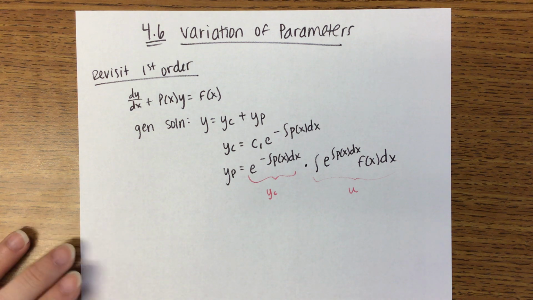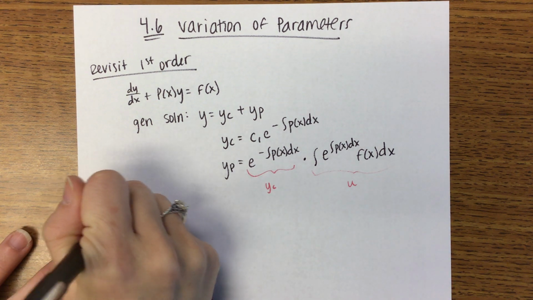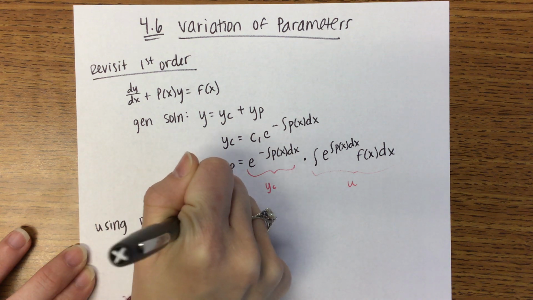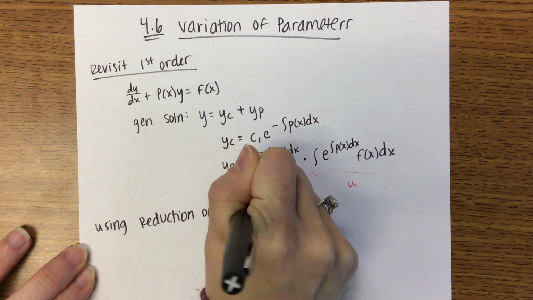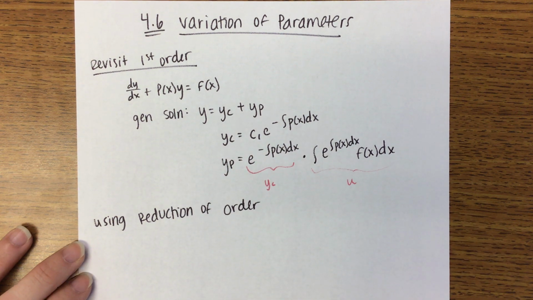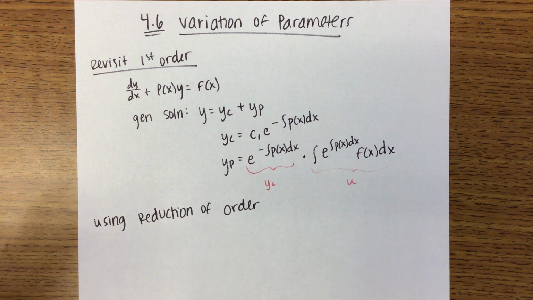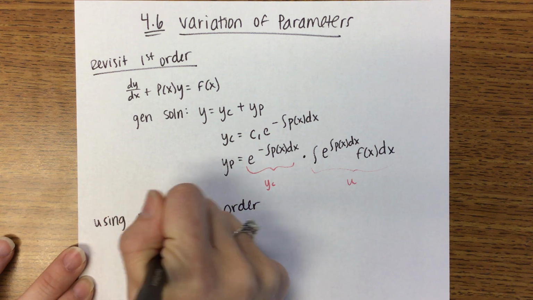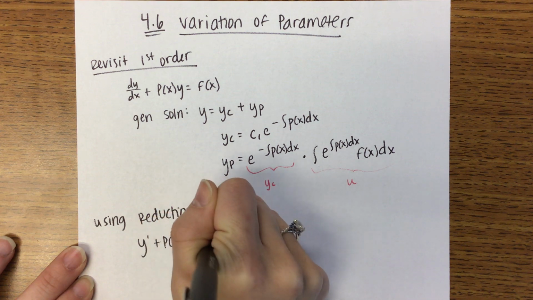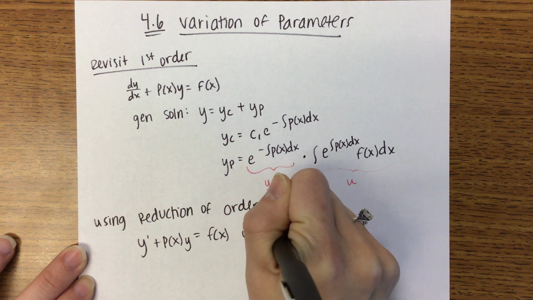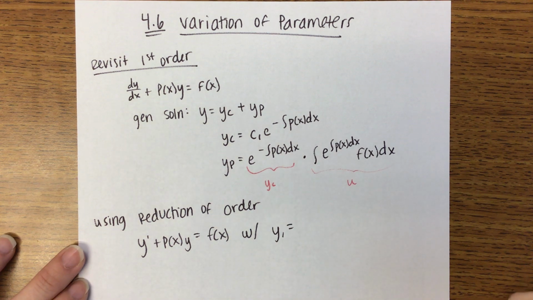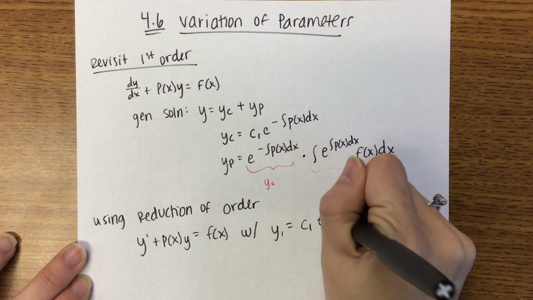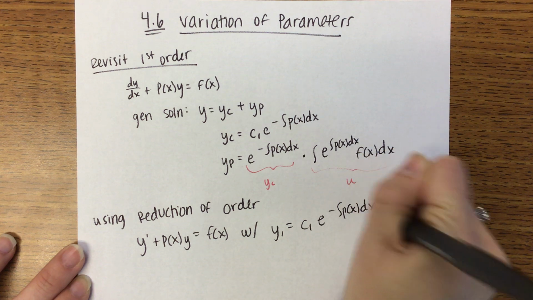Here's where we're going to go from here. We're now going to do reduction of order. Our equation is y prime plus p of x times y equals f of x, and we know our first solution is c1 e to the negative integral of p of x dx.